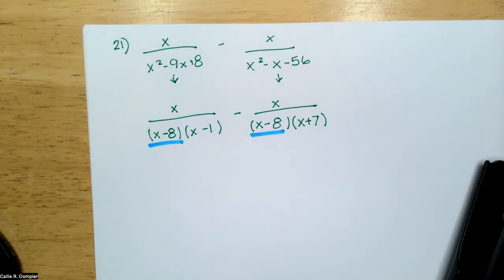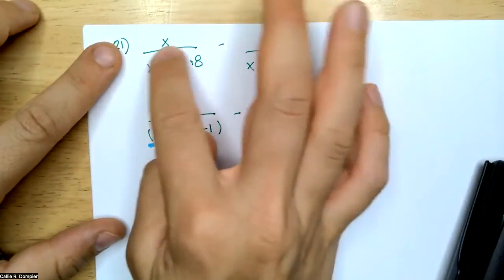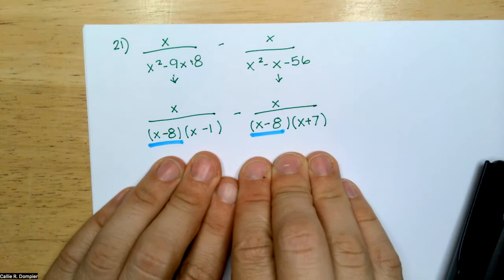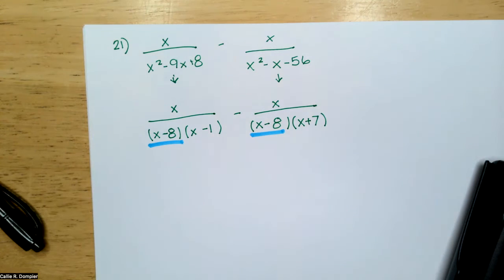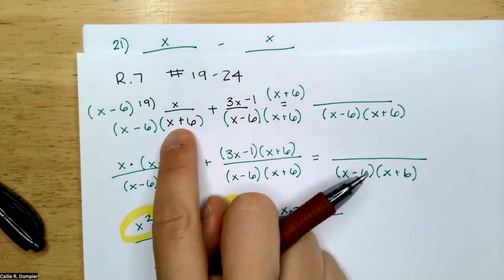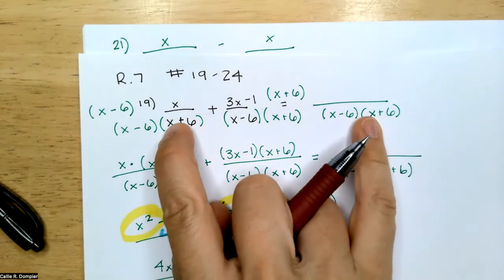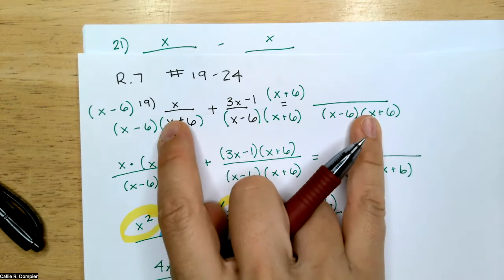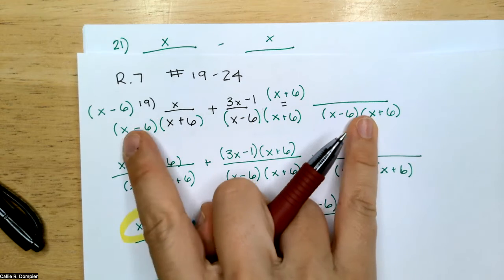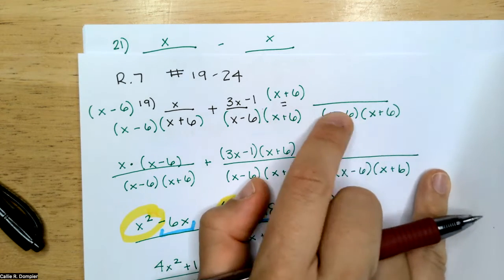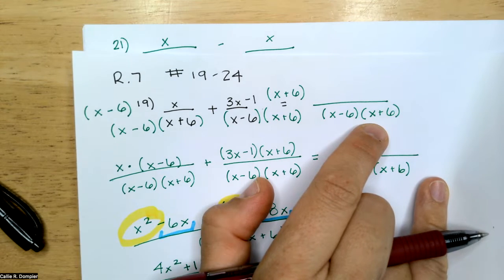So if you see now, you have a common factor between those two. So now instead of multiplying all of this by all of this, you want it to look the same. To bring back the example here, we just made sure that the final denominator had this term and had this term. So we multiplied this by this, we multiplied this by that, and they ended up with (x - 6)(x + 6).